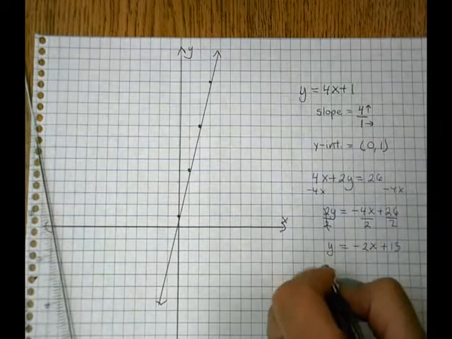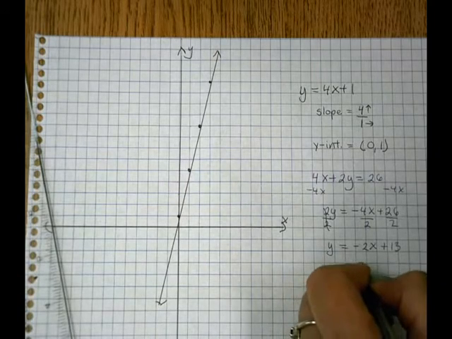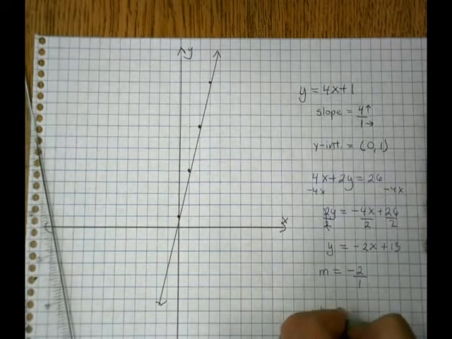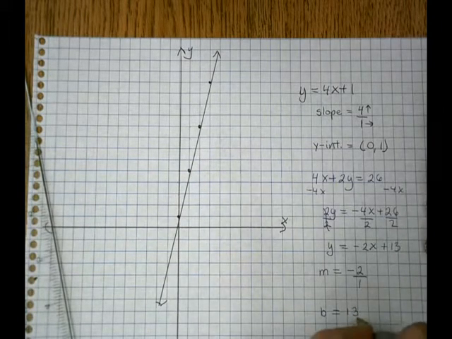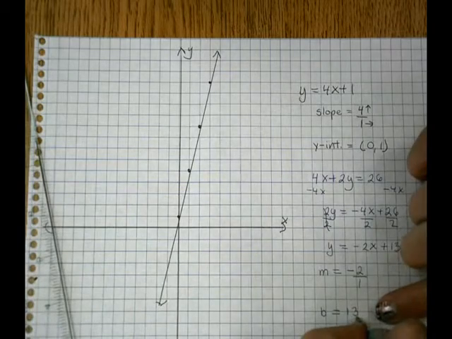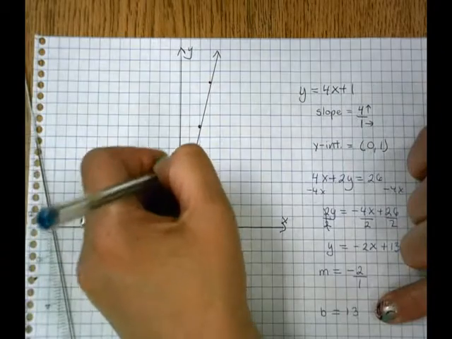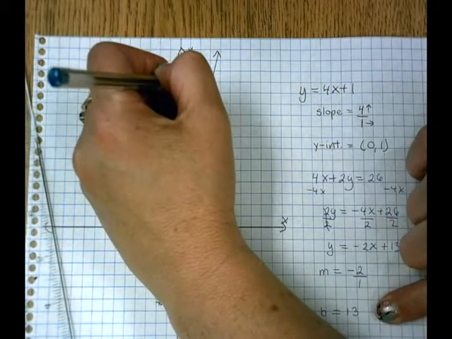So now I know that my slope, which I'm going to use an m for, is equal to negative 2 over 1, and my y-intercept, and I'm going to use a b for that, is equal to 13. So I know that I have to do 0, 13 for my y-intercept. So I'm going to go 1, 2, 3, 4, 5, 6, 7, 8, 9, 10, 11, 12, 13.